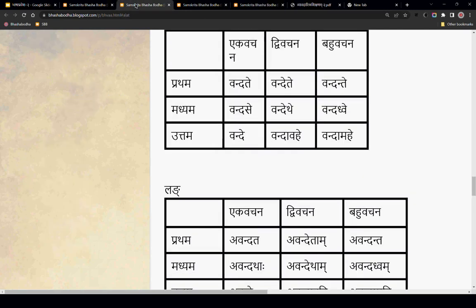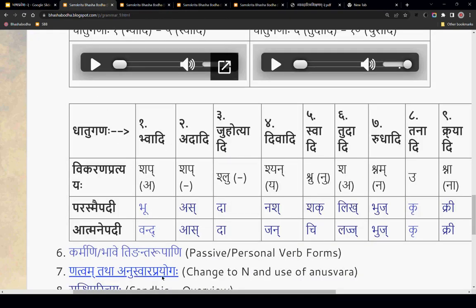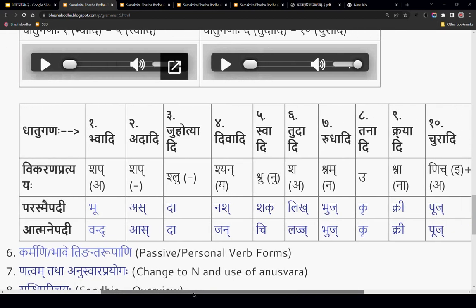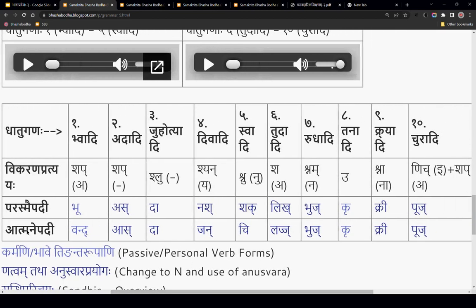Okay. So if you look at this list here, these are some examples, say atmanepadi. For example, kri dhatu. Kri is ubhayapadi because it takes both forms. You see kri, or kru, let's say kru dhatu.